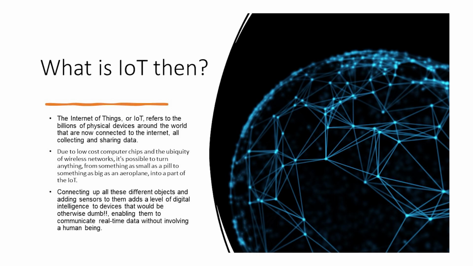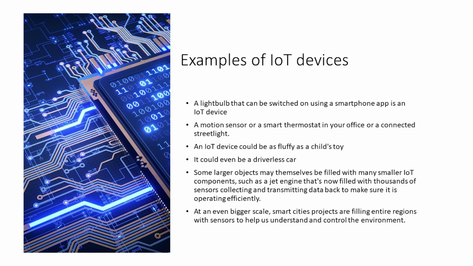Internet of Things is nothing but the connectivity of the physical devices around the world, and they are all now collecting and sharing the data with each other. Okay. So the example here, of course, it can be any device that is in your house, a light bulb, can be a motion sensor or a thermostat, can be as fluffy as a child's toy, or it could be a driverless car. So all of these, the jet engine, all of these are carrying IoT devices now. Okay.